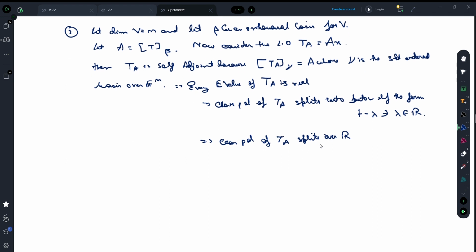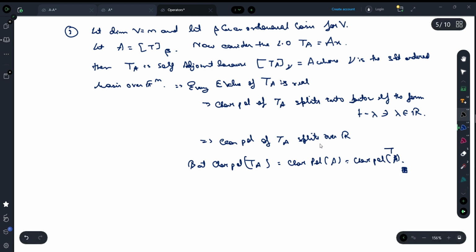But then the characteristic polynomial of TA is the same as the characteristic polynomial of A, and it's the same as the characteristic polynomial of T, because changing the basis doesn't cause a difference in the characteristic polynomial, right? And hence the characteristic polynomial of T splits, because the characteristic polynomial of TA splits, right? So it's a very simple proof.